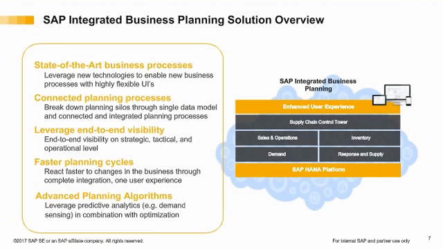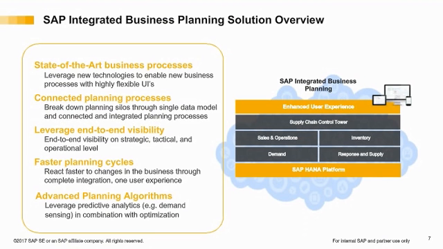We also wanted to be more connected regarding the planning processes, leverage end-to-end visibility, enable faster planning cycles, and provide more advanced planning algorithms than those that we had in the past. We also made improvements in some other different areas. First, we put the whole thing in the cloud.